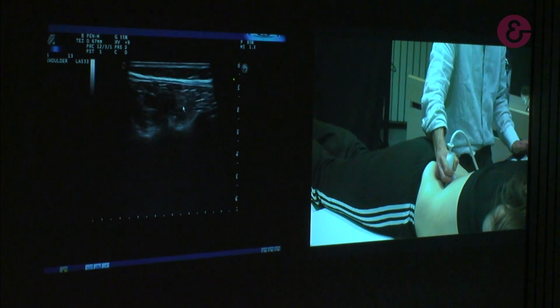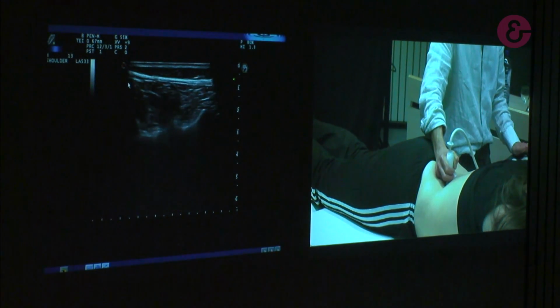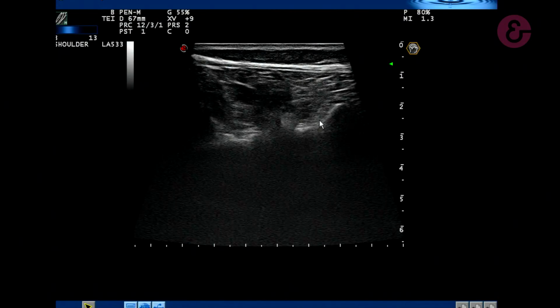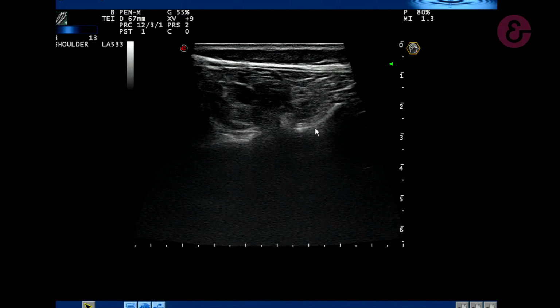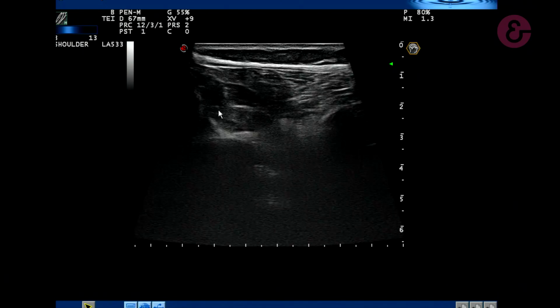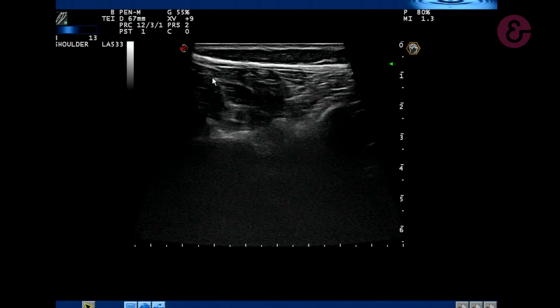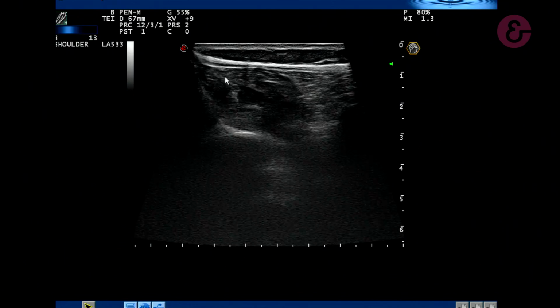Yeah, maybe it's here. It's easier to recognize. So now I have my spinous process here, my lamina, and this is the transverse process and the tip of the transverse process. So this muscle here is my rectus spinous muscle, and here I have multifidus.